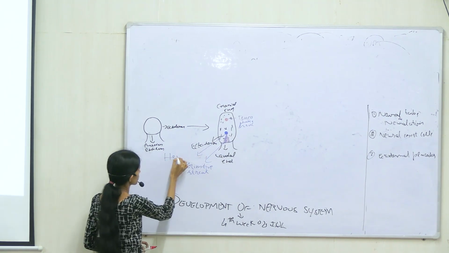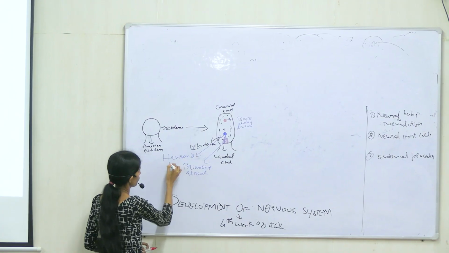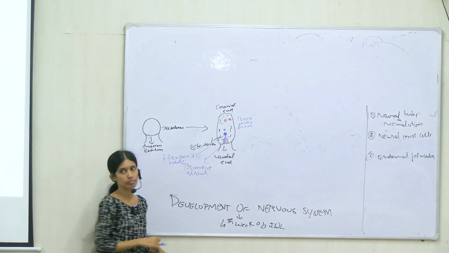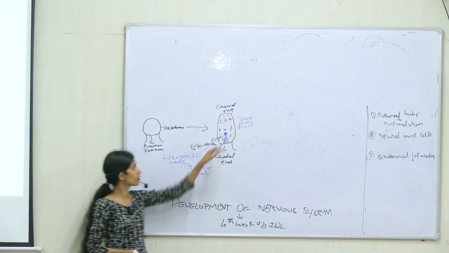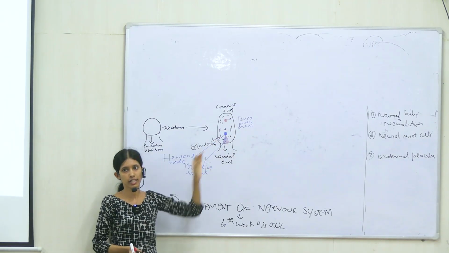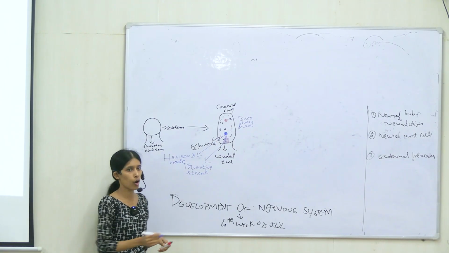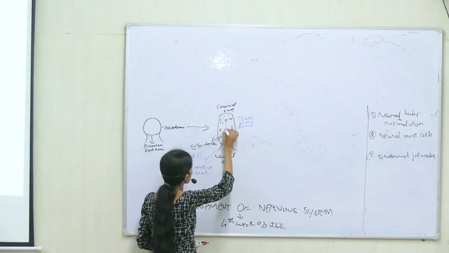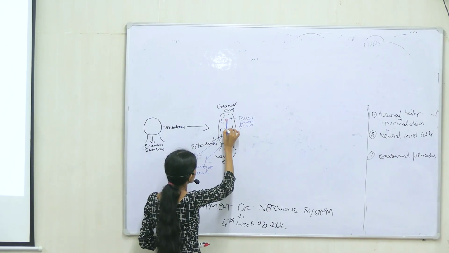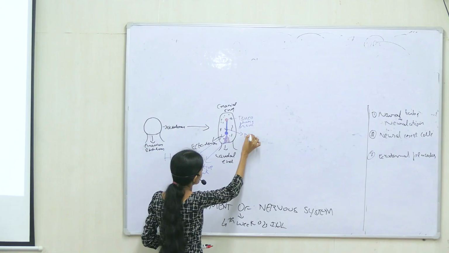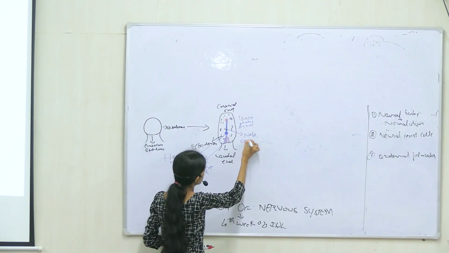This is called Hensen's node. Between the buccopharyngeal membrane and the Hensen's node, we have a rod-like structure. This is called notochord.